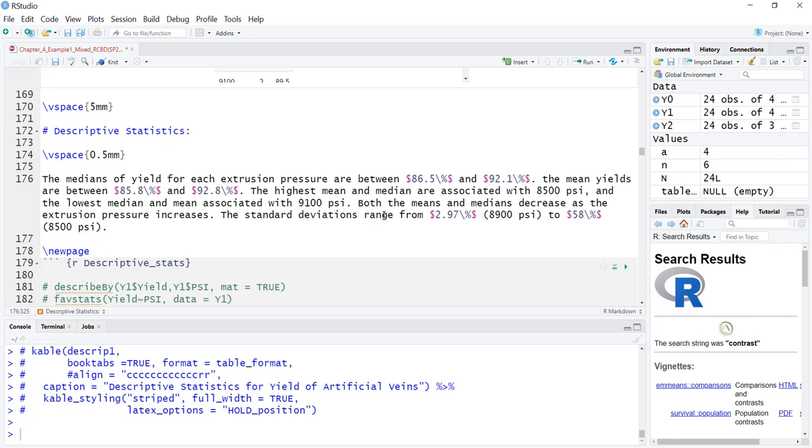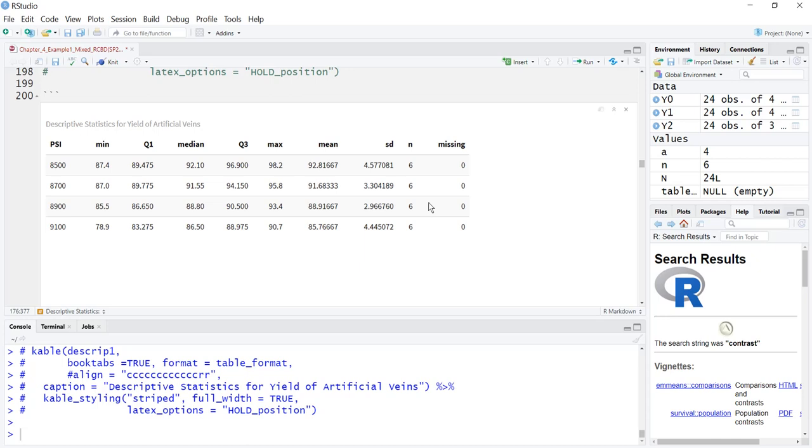And then the standard deviations range from this, and I put which PSI, to this. And you'll see that if you look at these values, they just kind of float around. So 8,900 is the lowest, then 87, and then this is the third, and then this is the fourth. So they're in no particular order here for the standard deviations.